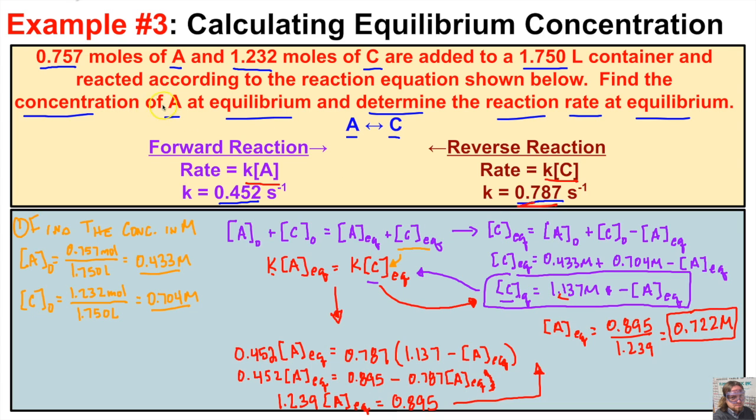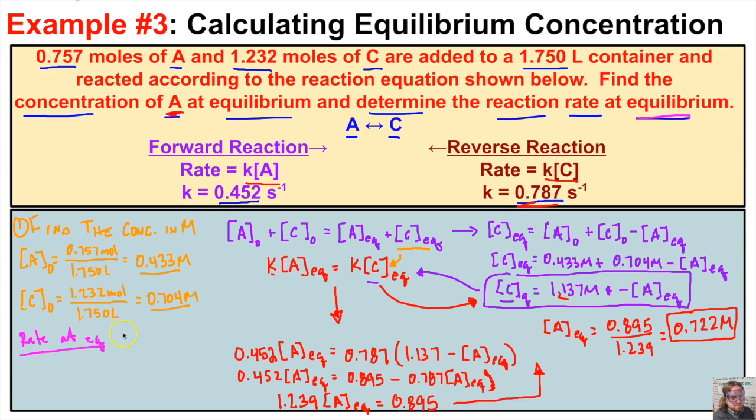So going back to our original question, we were asked to figure out the concentration of A when this system reaches equilibrium. The concentration of A at equilibrium is going to equal 0.722 molar. And so the second part of this question asks us to figure out the rate of our reaction at equilibrium. Well, in our last step here, to get the rate at equilibrium, here is our formula, right?